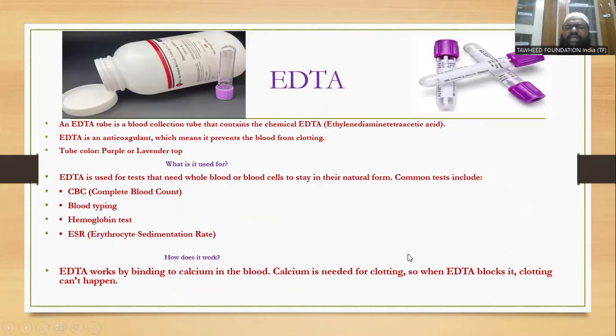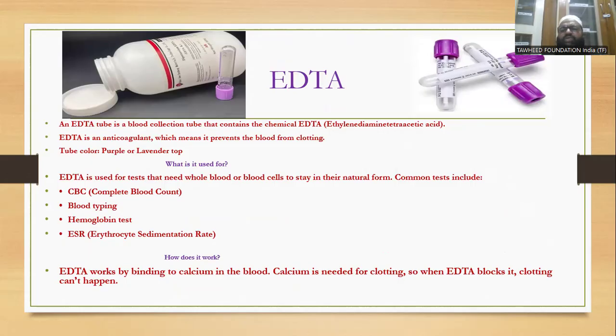An EDTA tube is a blood collection tube that contains the chemical EDTA, ethylene diamine tetraacetic acid. EDTA is an anticoagulant, which means it prevents the blood from clotting. Tube color, purple or lavender top. Already we discussed.